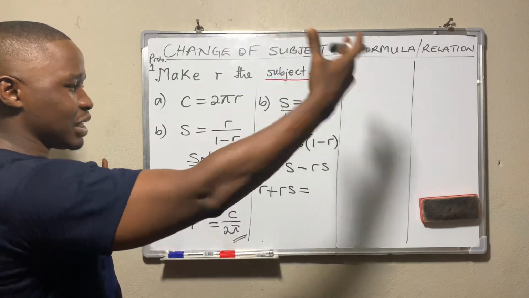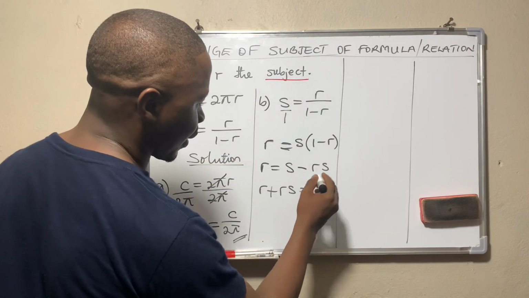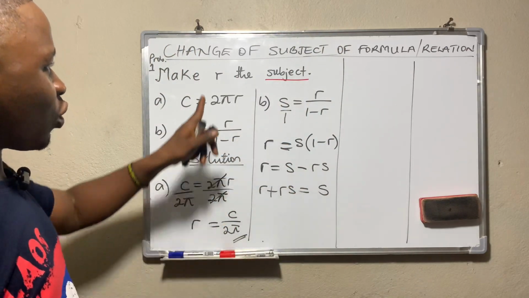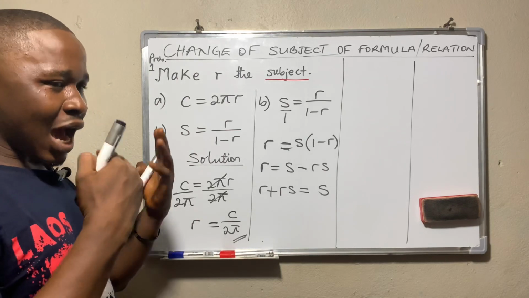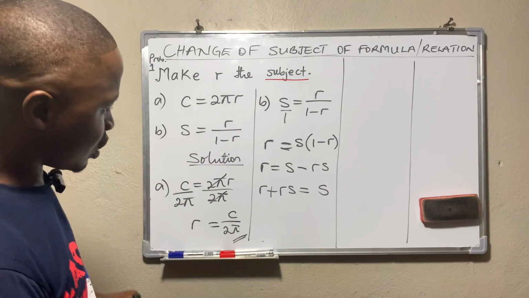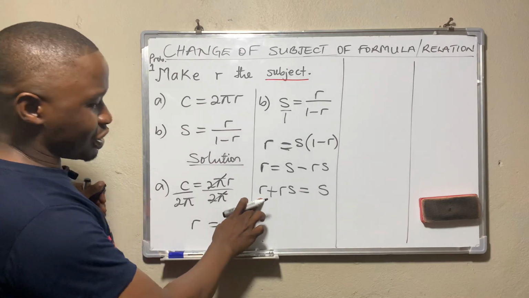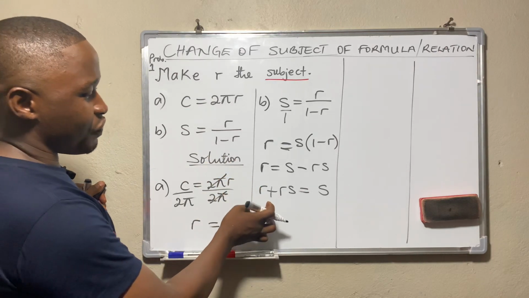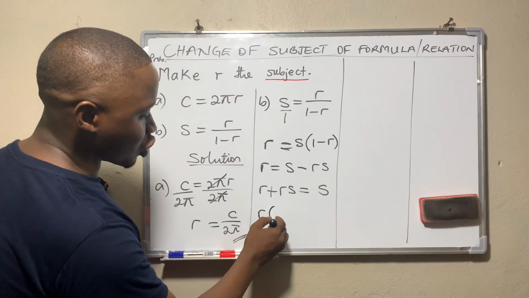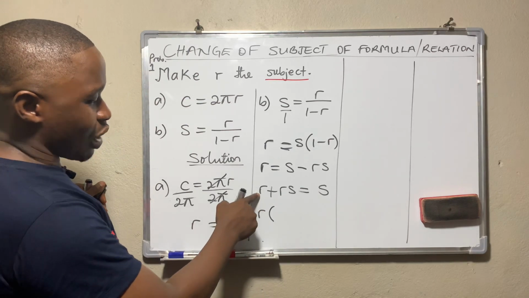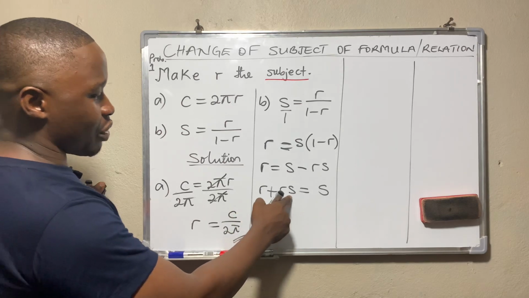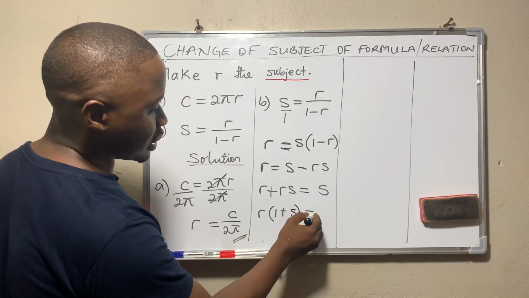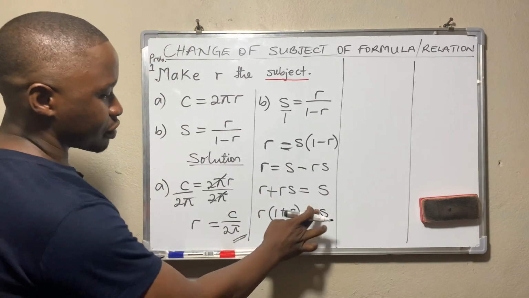So what remains on the right hand side is s. Okay, don't forget, we are making r the subject. We are rearranging the formula so that r would stand alone on its side. So there are 2 terms containing r. So what do? We factor r. So r is common. So r into r how many times? 1. R takes away r, that will remain s. So this is equal to s.